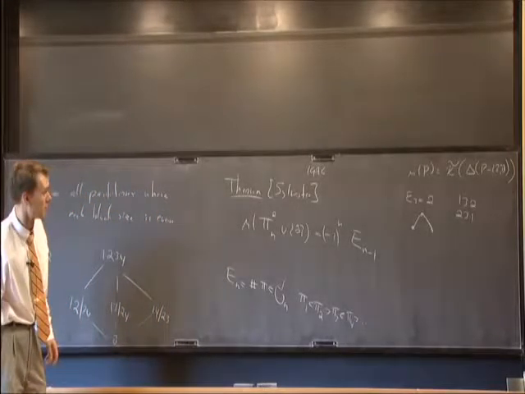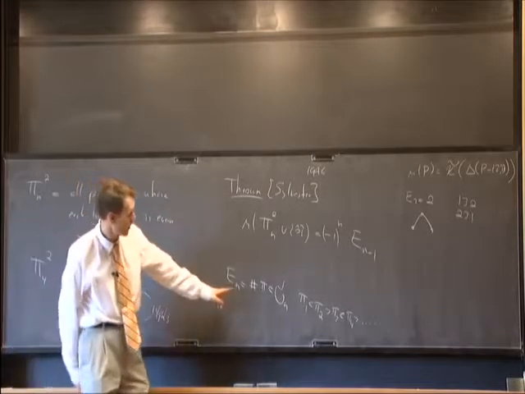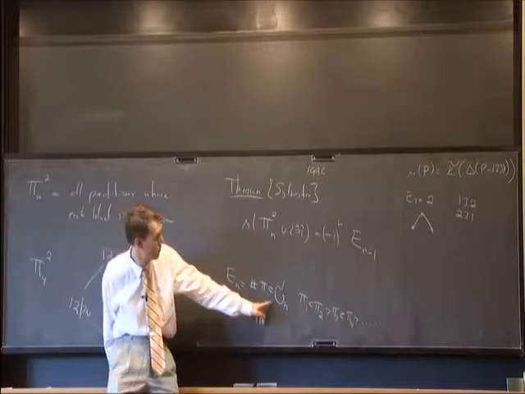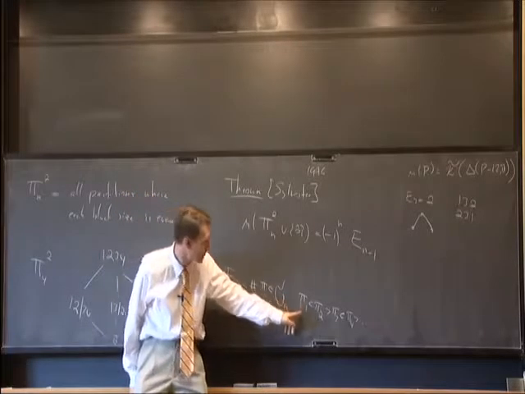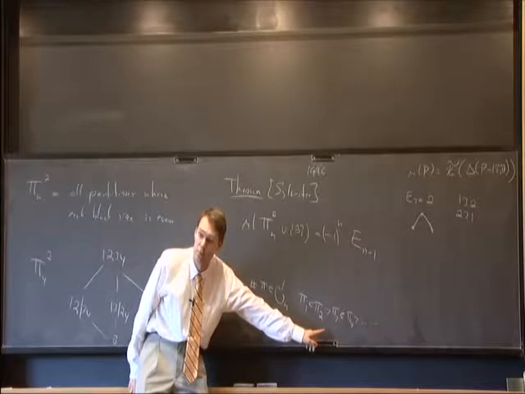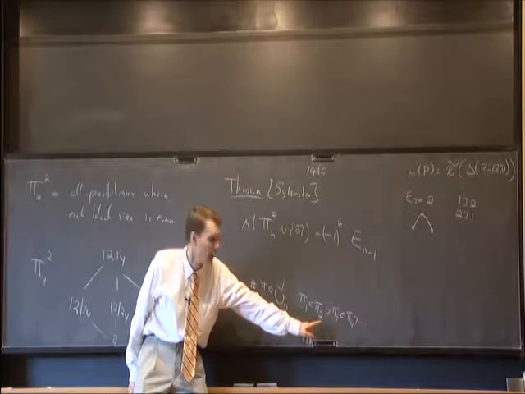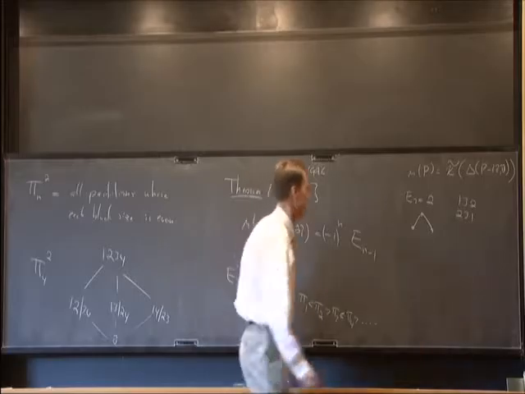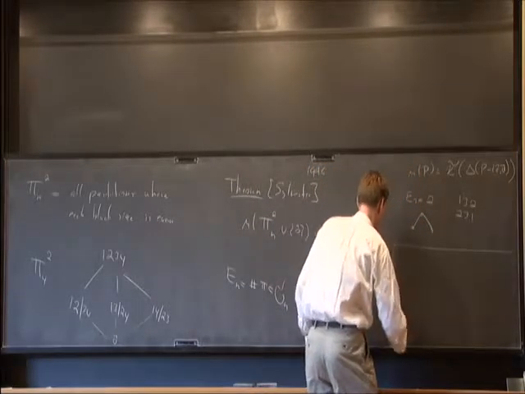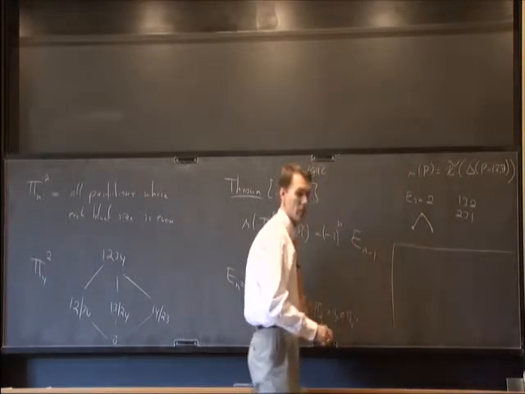Okay, the number of permutations in the symmetric group such that the elements are alternating. Another way to think about E_n: pi sub 1 is the image of 1.